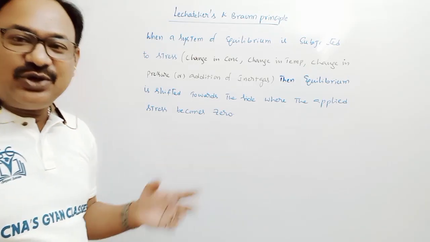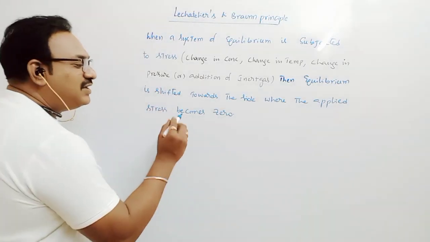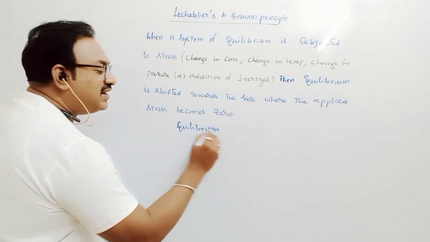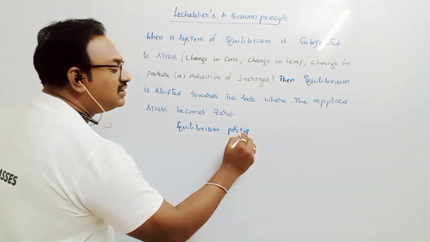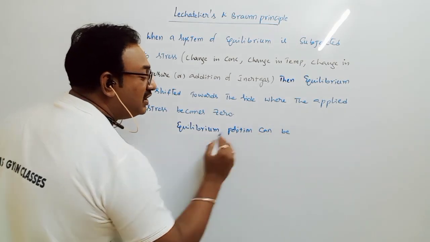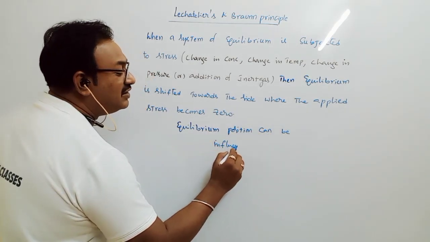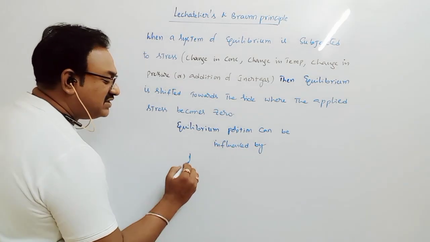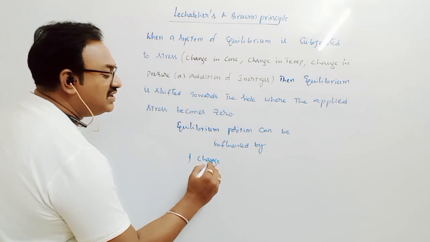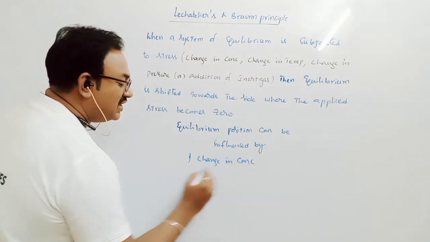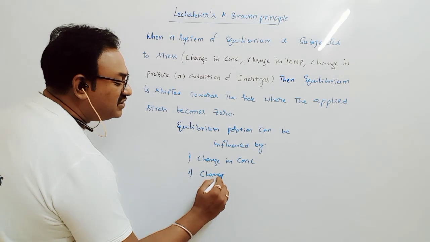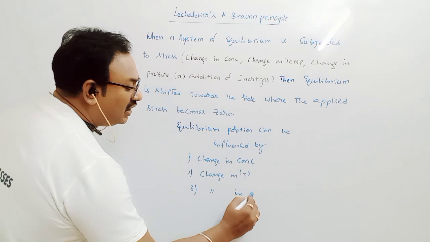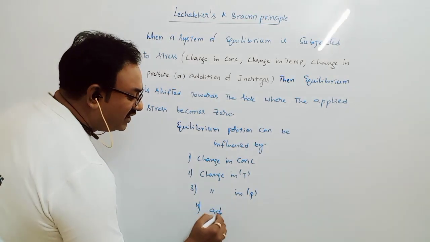Okay, so equilibrium position. So finally, what you understand? Equilibrium position can be influenced or changed by first, change in concentration, second, change in temperature, change in pressure, and finally addition of inert gas.